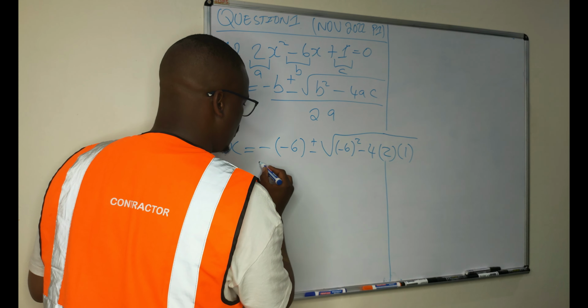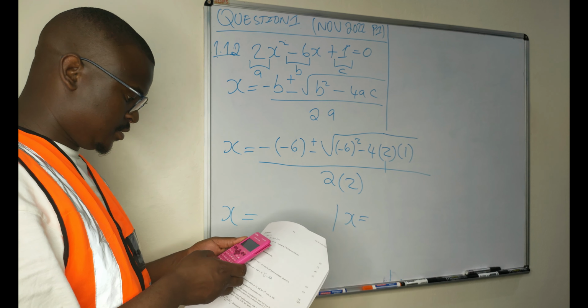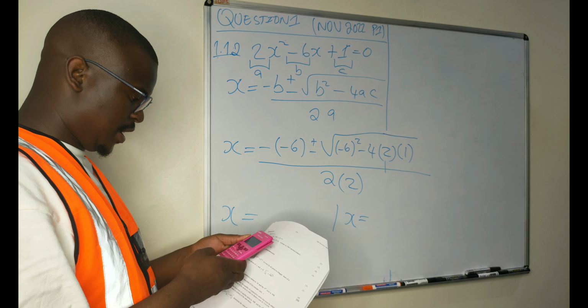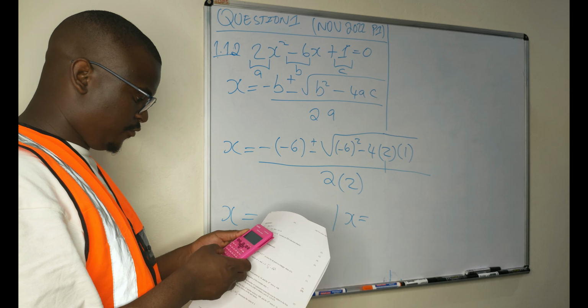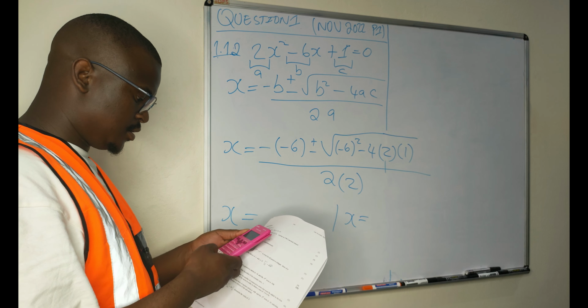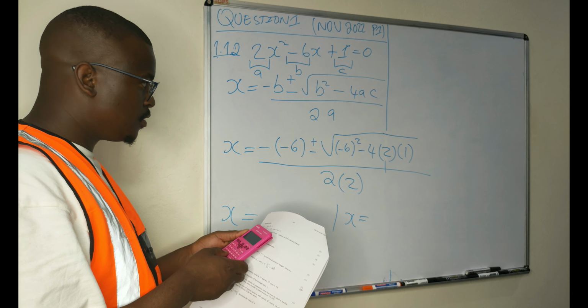Your x is equal to, punch this in the calculator, minus 6 plus square root of minus 6 all squared minus 4 into a, over 2 into a.